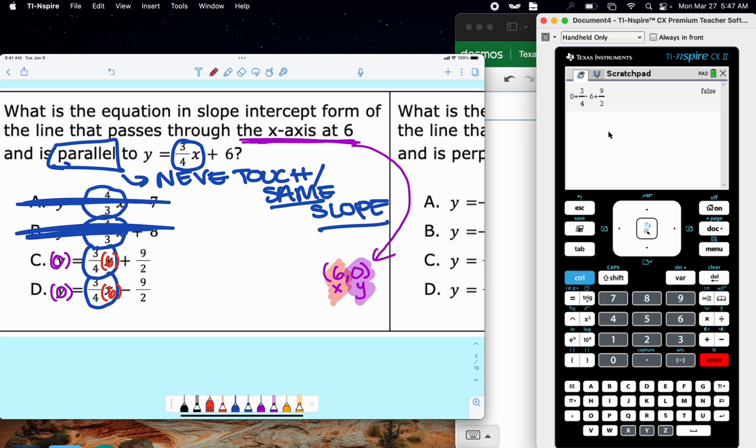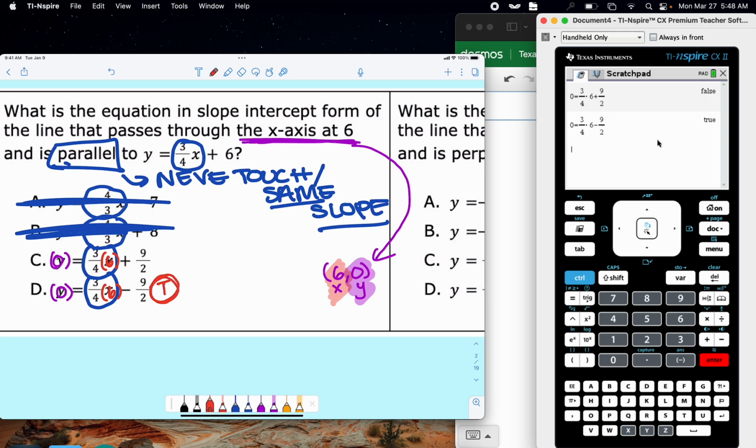So let's do the same thing for D. Parentheses 0 equals control divide, 3 divided by 4, parentheses, 6, minus control divide, 9 divided by 2, enter, and that gives you true.